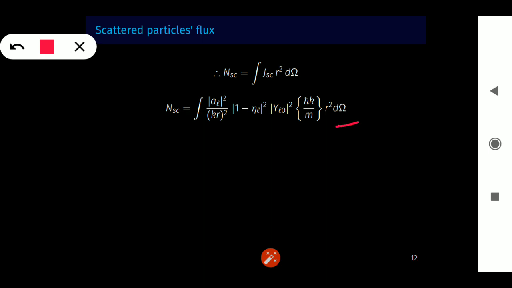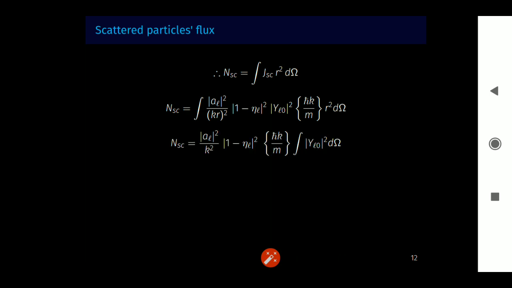Only the spherical harmonic is the angular function, and the other parts are free from angles, so you can take them outside. The integral of modulus Y_l0 squared times dΩ is the orthonormality condition of spherical harmonics, which is 1.